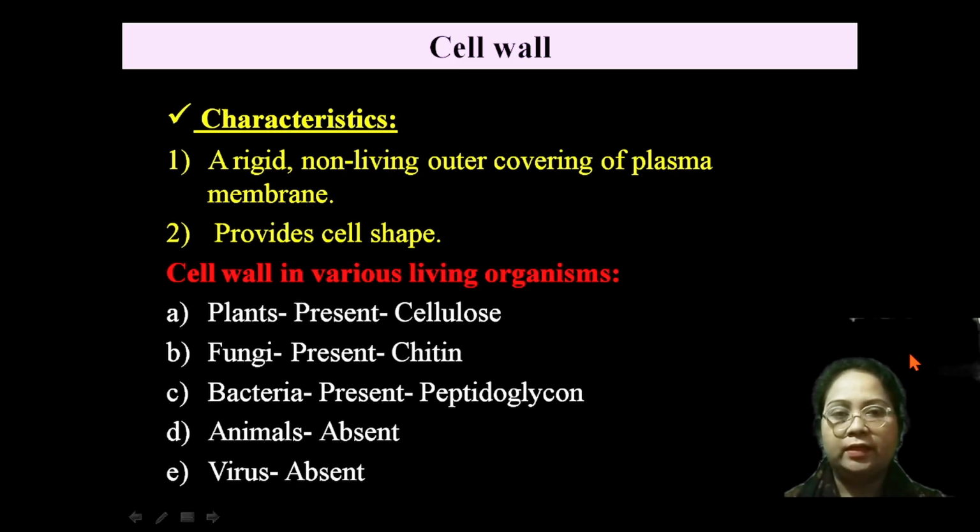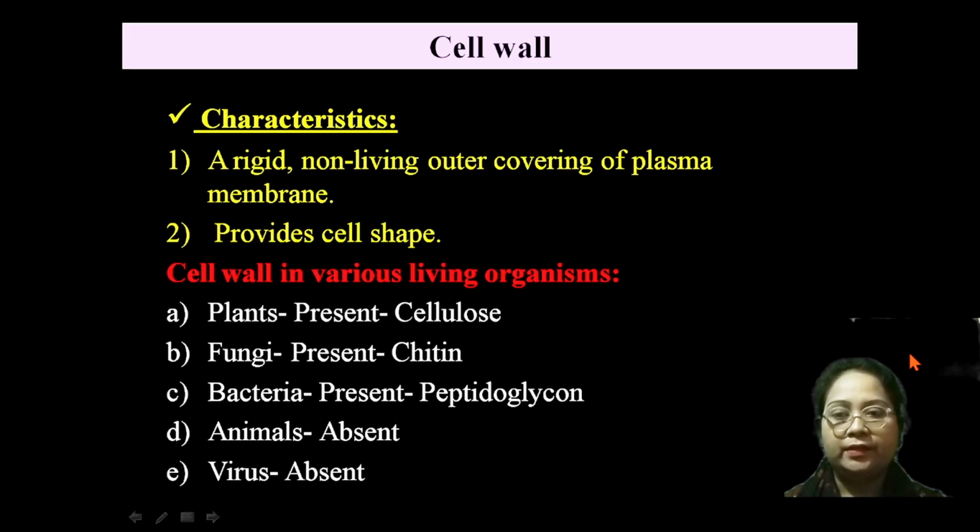Animals do not have a cell wall, they directly have the plasma membrane as the outer covering. In the case of plant cells we get a cell wall. It is a very rigid and non-living covering, for which the cell gets a shape.